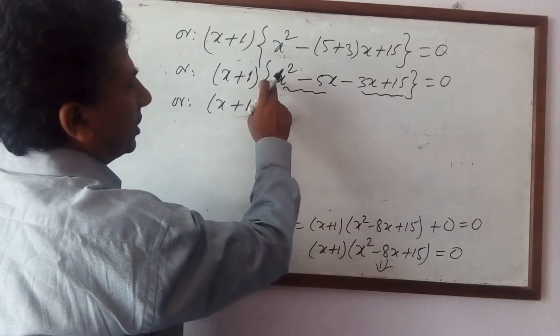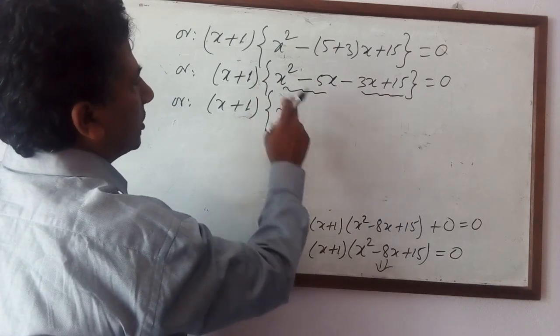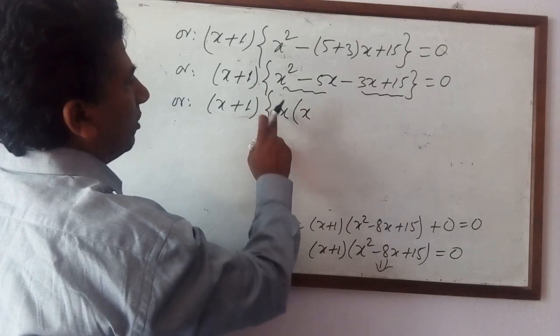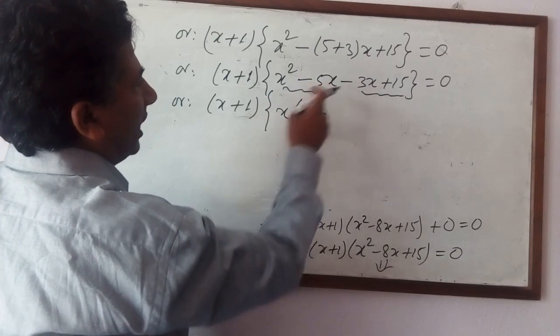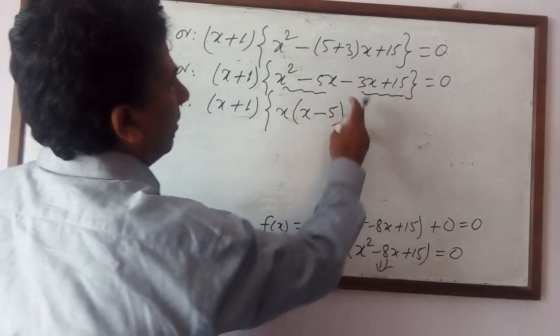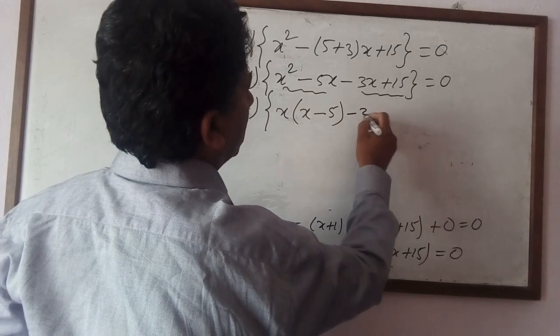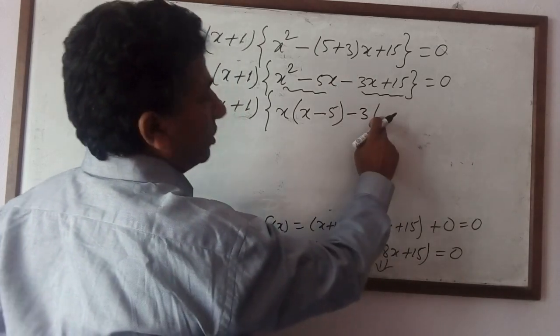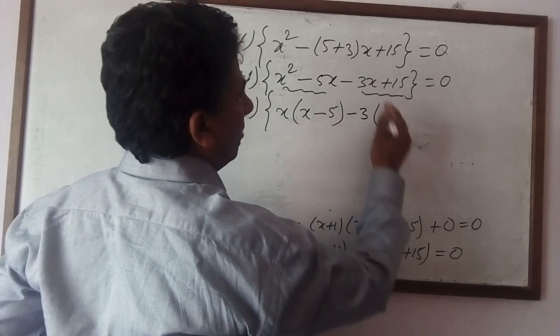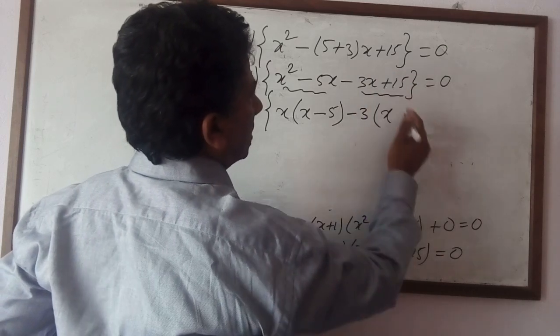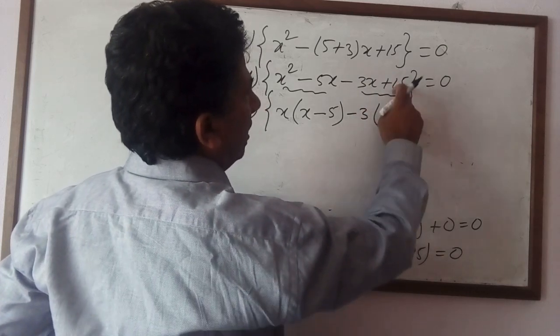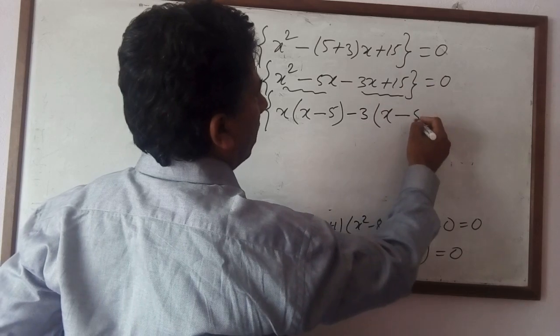Plus x common, plus sign also common, plus times remaining x, plus times minus x common remaining 5, minus 3 common, minus sign also common, remaining x, minus 5, minus 3, and 15 divided by 3 is 5.